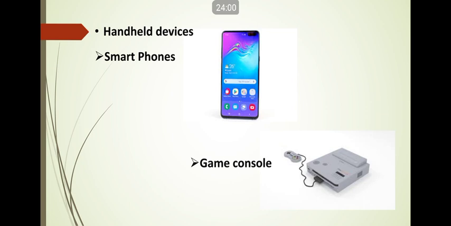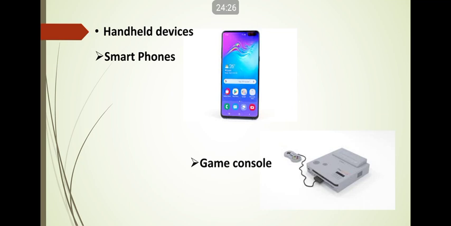Because it is really very smart. It is working as a computer and also as a phone. It is used to make a call, to receive a call, to text someone. You can send text messages, you can send and receive mail. You can see videos, you can play games and many more things you can do on your smartphone.